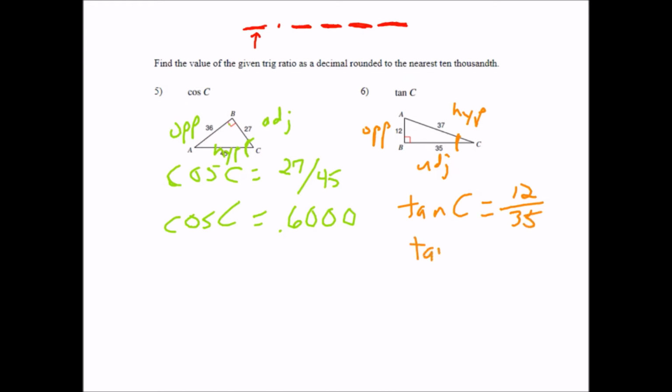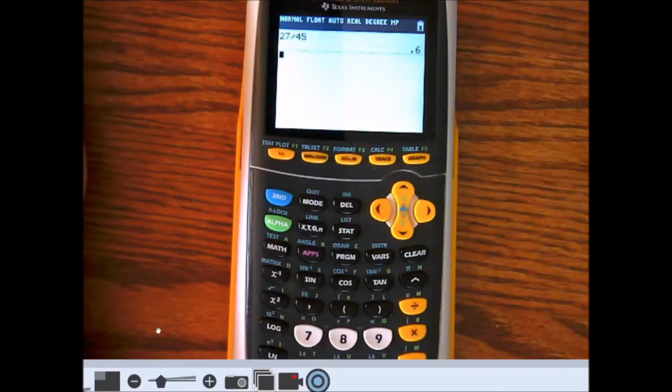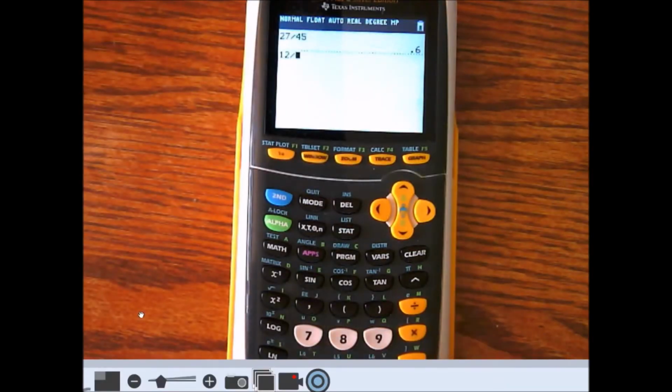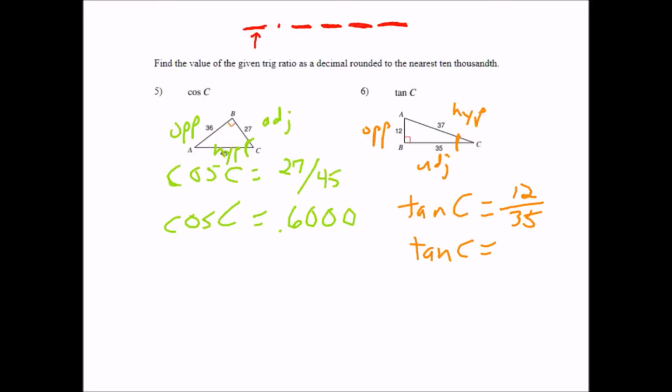So if we type in 12 divided by 35 on our calculator, we're going to then round that to the nearest 10,000th, so 0.3429. I rounded that 8 up to a 9.